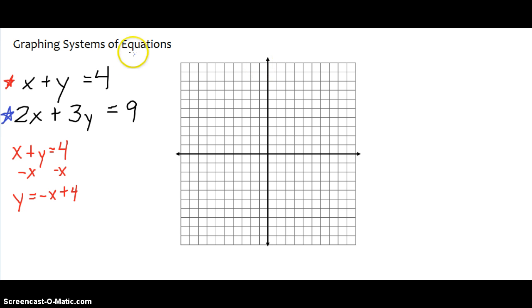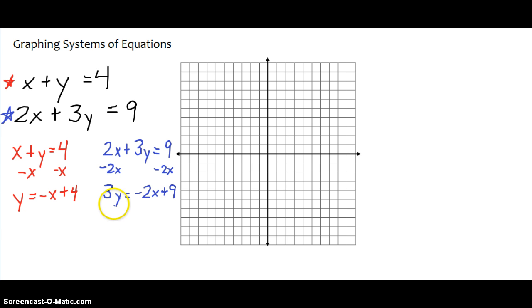As far as the blue equation, solving that for y is going to be a little more involved. So we have 2x plus 3y equals 9. We'll try to get this y term by itself. So we're going to subtract 2x from both sides. We're going to get 3y equals negative 2x plus 9.